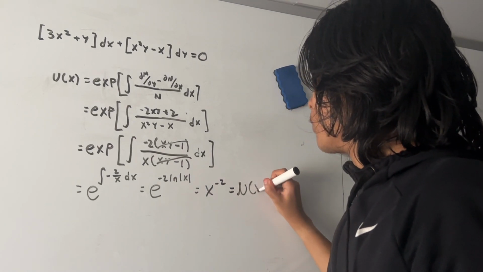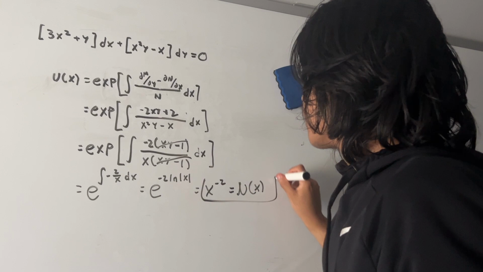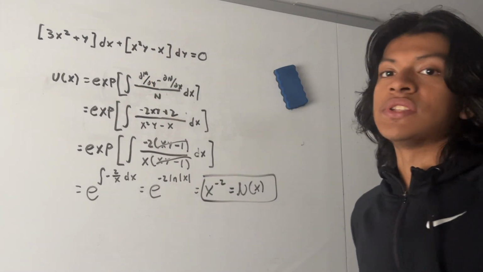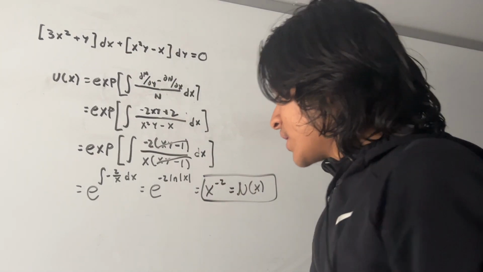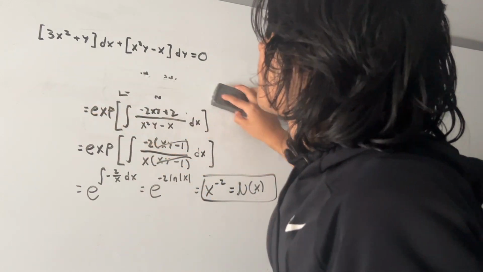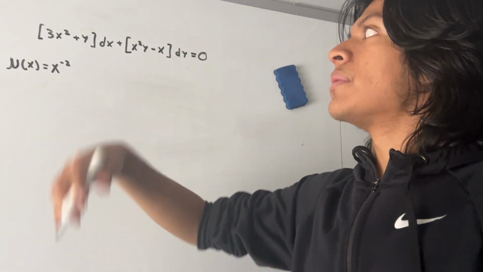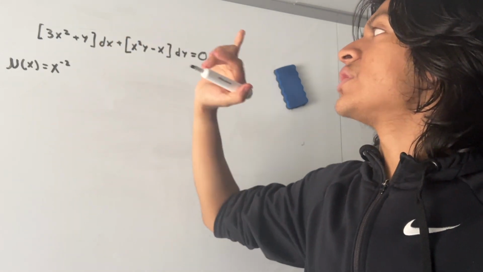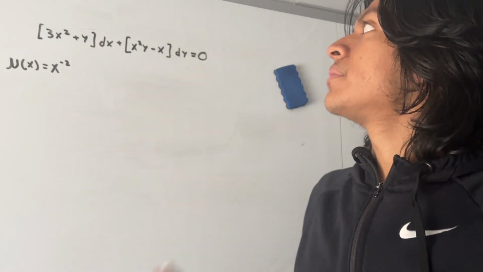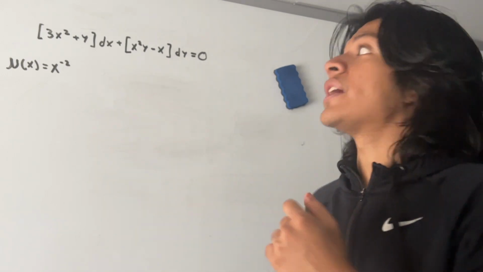So here would be our integrating factor for this particular problem. And now if we want to solve for this, we know that our integrating factor is x to the -2.